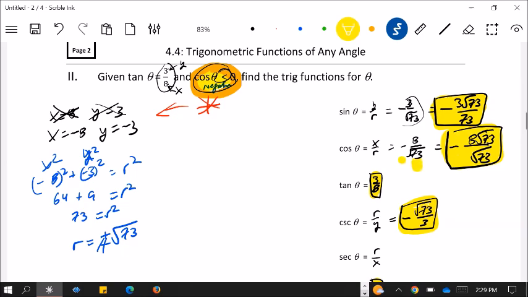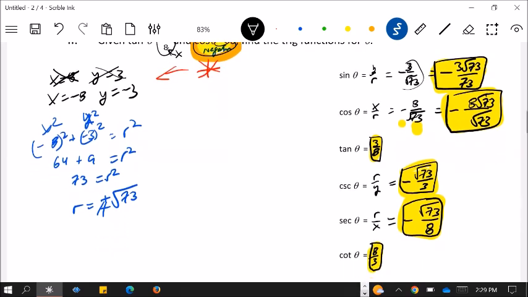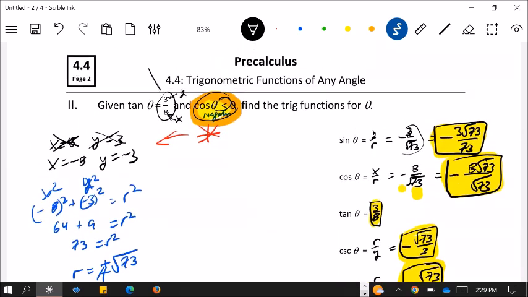And then the reciprocal of that will be what we need for secant: negative square root of 73 over 8. And now we have all 6 of those trig functions based on this information.